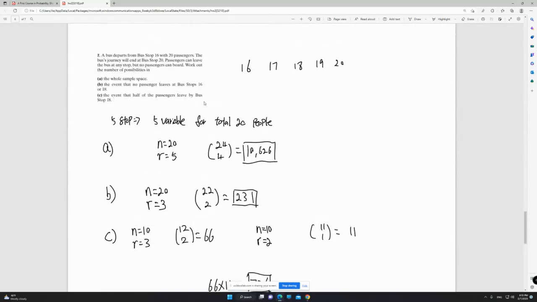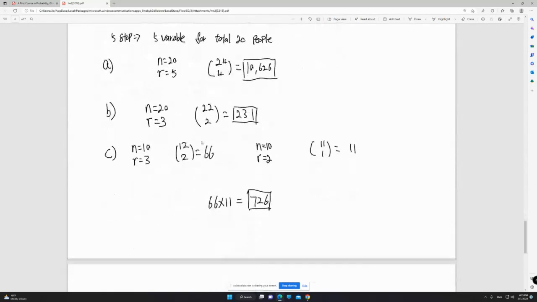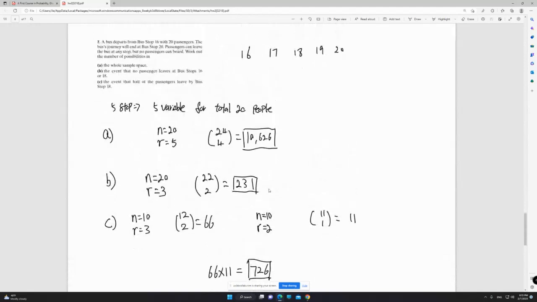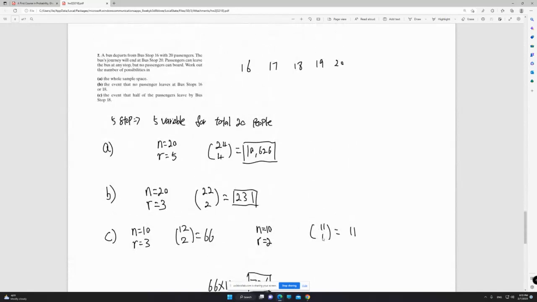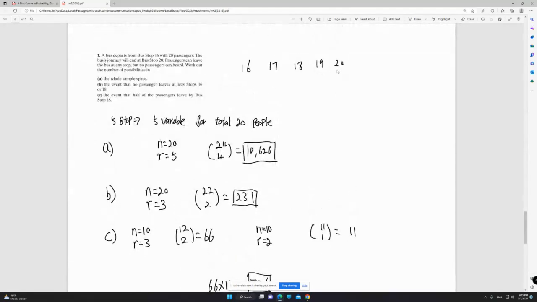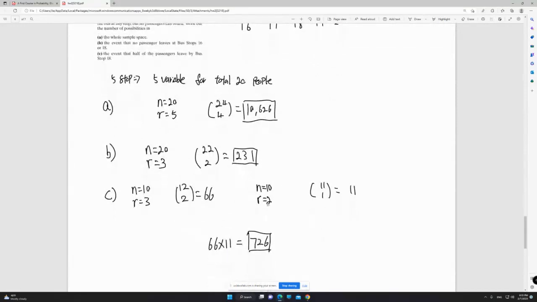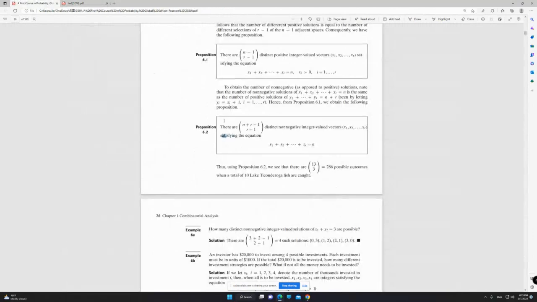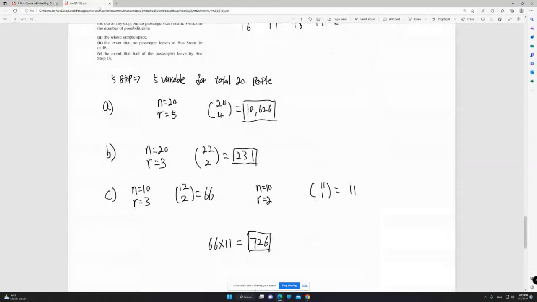And after the bus stop 18, we have 11 choose 1. Because after stop 18, we still have 10 people, and we have 2 more stations. So the R will be 2, and the N will be 10. And then applying the formula, we got 11 choose 1. So 66 times 11, we have 726.